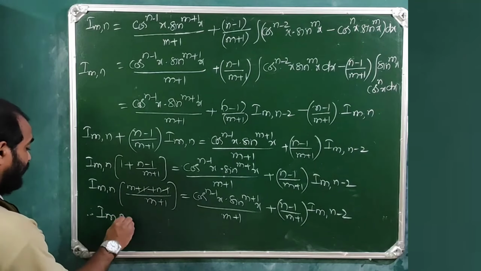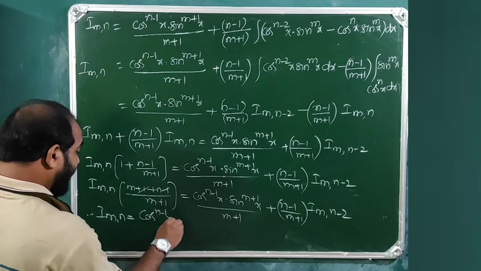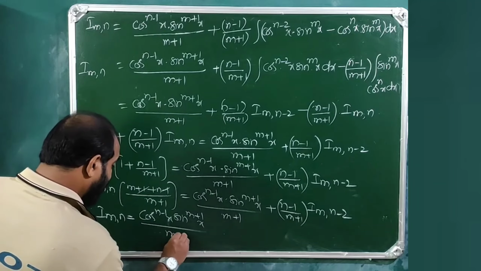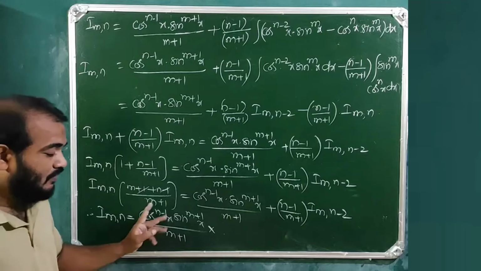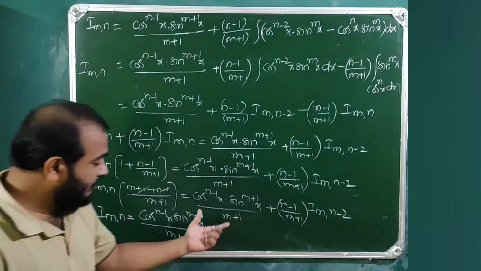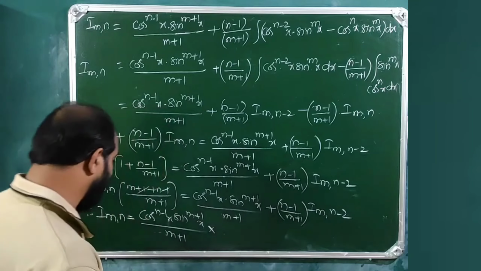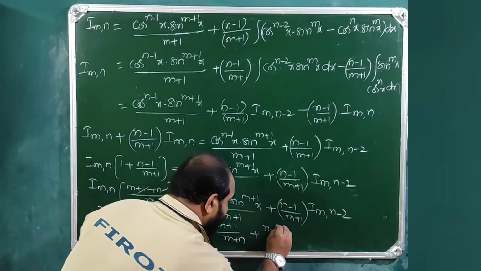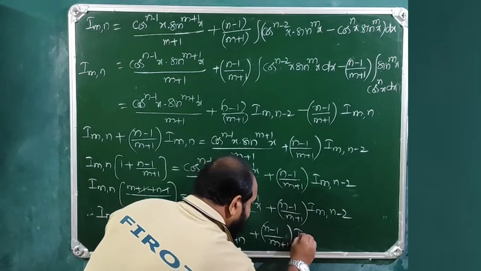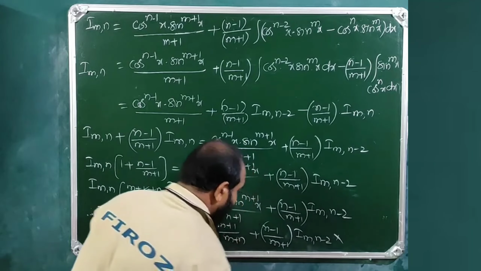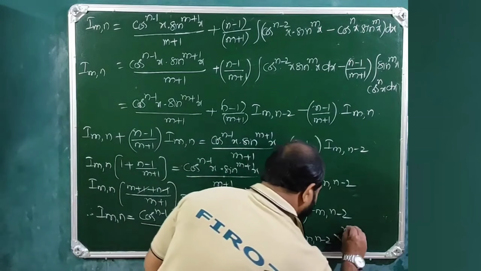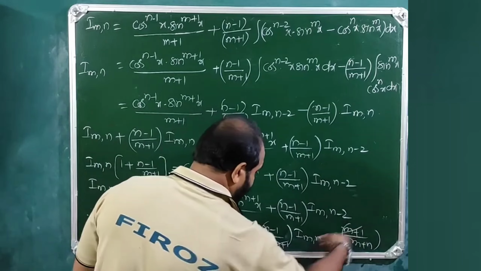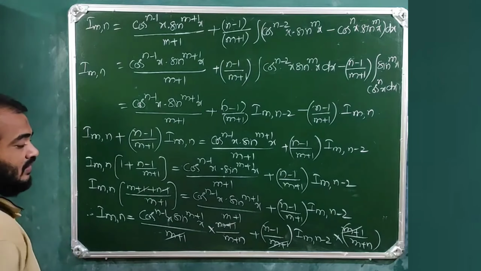Therefore, I_mn is equal to cos^(n-1)x sin^(m+1)x by (m plus 1) times (m plus 1)/(m plus n), plus (n minus 1)/(m plus 1) I_(m, n-2) times (m plus 1)/(m plus n).